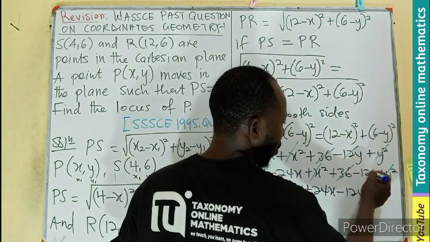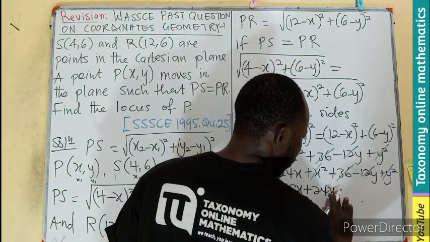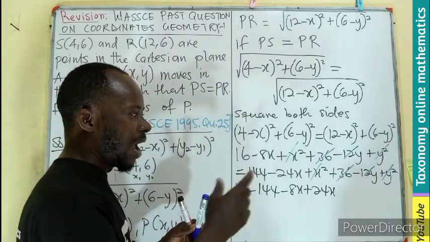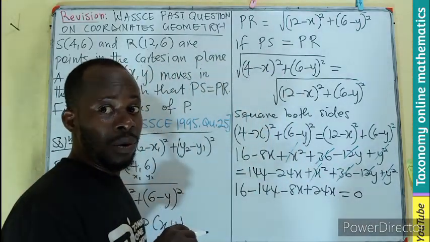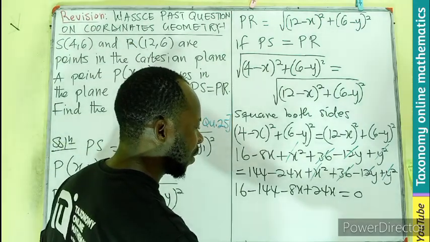After moving everything from the right to the left, you'll be left with 0 on the right.